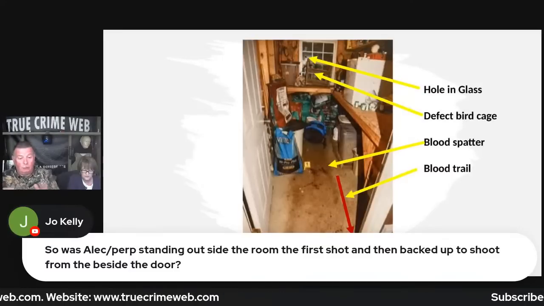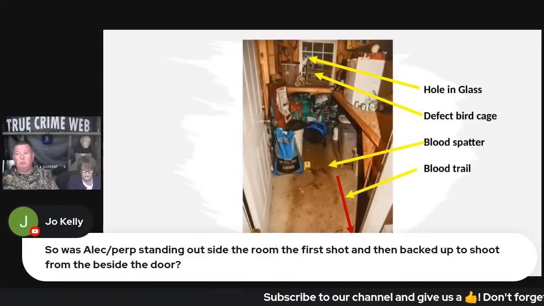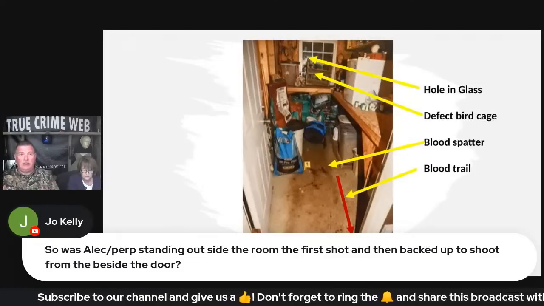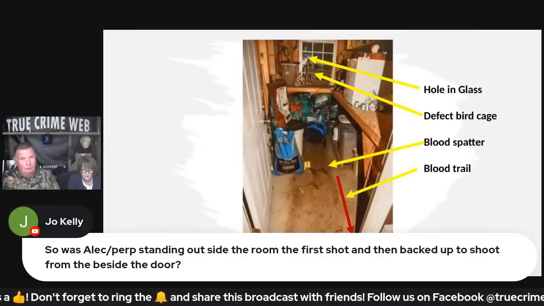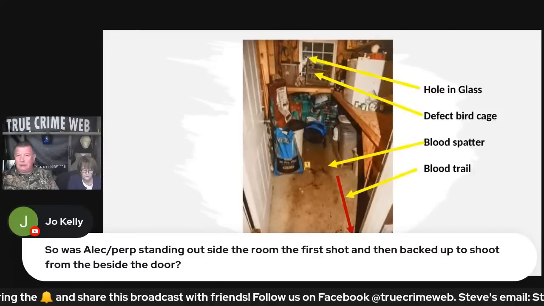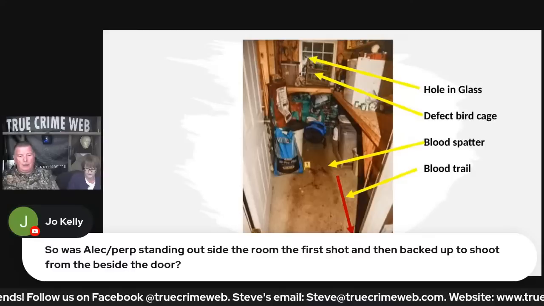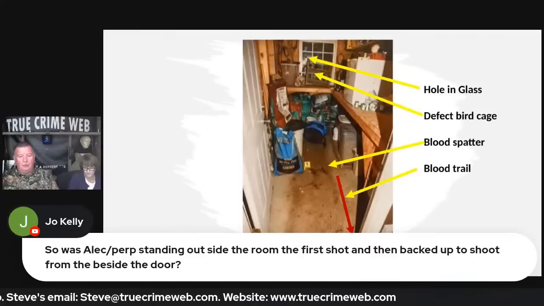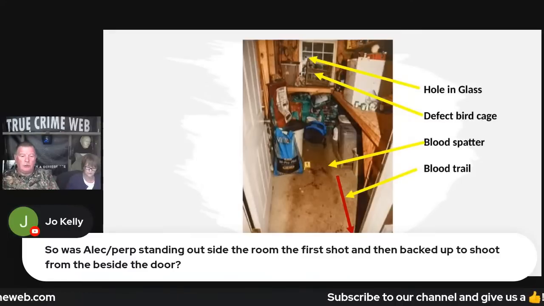If I had the other data, and we had the actual blood spatter, and I pulled string, I could tell you almost exactly where he's standing in that room at that first shot. I don't have that information. Not having it, I only have the blood trail. The blood trail starts about midway of this room. This room is about 10 foot deep, so somewhere around 5 to 6 feet back is where this blood trail starts.